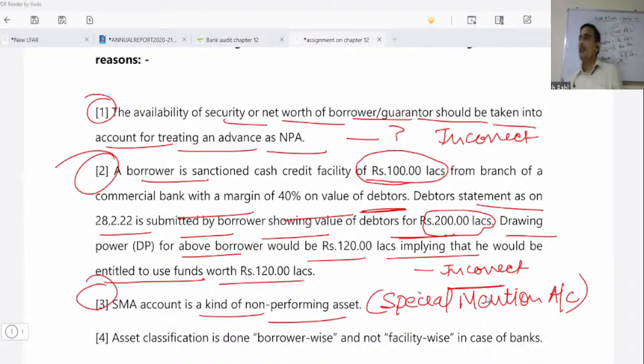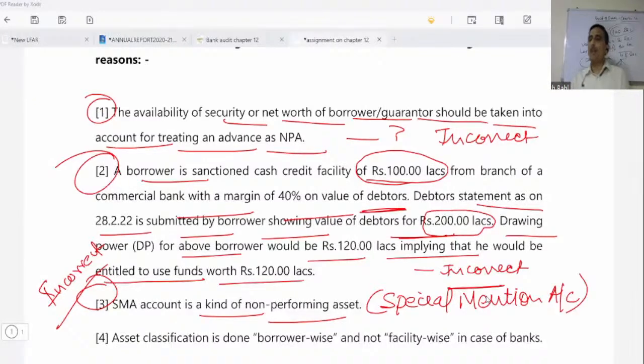SMA account is a kind of non-performing asset. This statement is incorrect because SMA is a standard asset. We had learned that special mention accounts are those showing some signs of stress, but technically they have still not become NPA, because the overdues are still broadly less than 90 days.